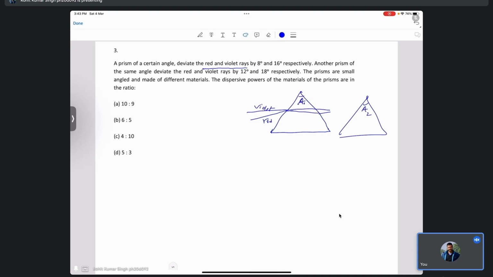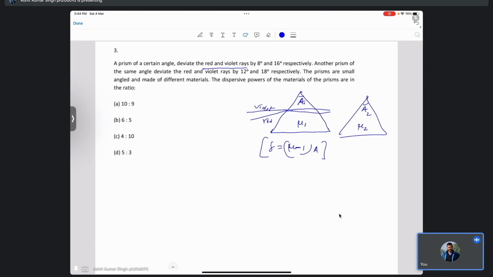Now the prisms are small angled, which means we can use the formula of deviation, which is (mu minus 1) A. This formula can be used here because the angle is small, so they are thin prisms, and they are made up of different materials. So this is made up of some material, and this is different, so the refractive index will be different, mu1 and mu2. And the dispersive powers of the materials of the prisms are in the ratio.